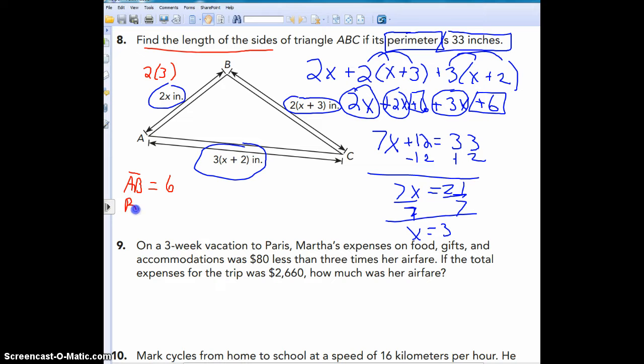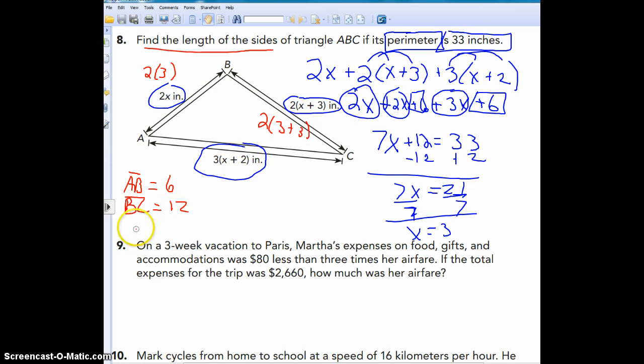Side BC, I'm just going to take the 3 again and plug it in up here in this expression. So it becomes 2 times the quantity 3 plus 3. 3 plus 3 is 6. Times 2 gives me 12.